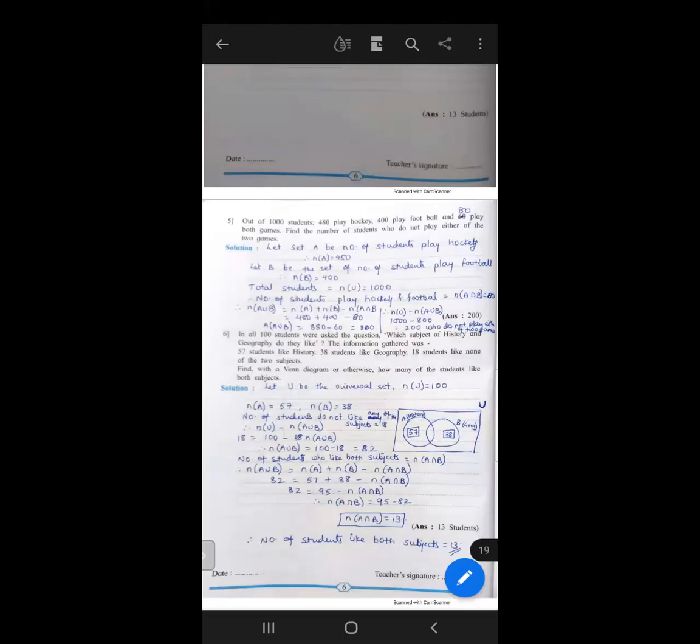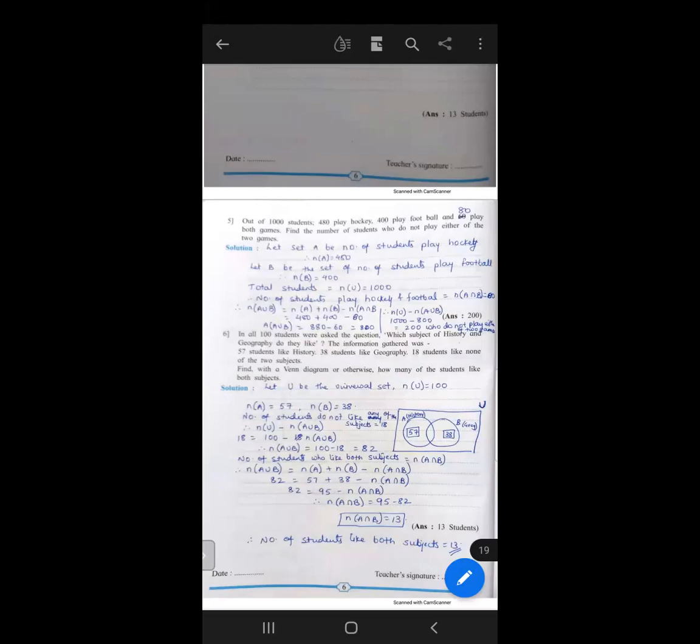First of all, as I told you, the 1000 students given in total you will consider as the universal set. Then set A is the set of students who play hockey. I have taken A and B, but you can take any other alphabet also.